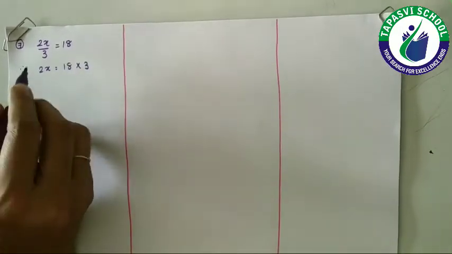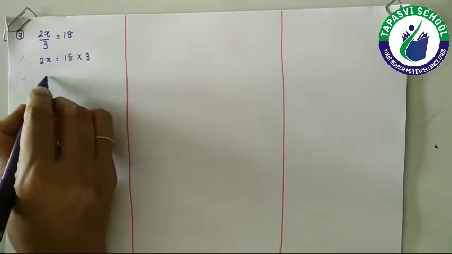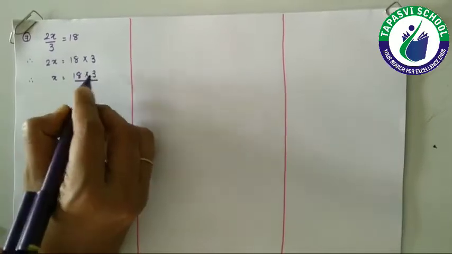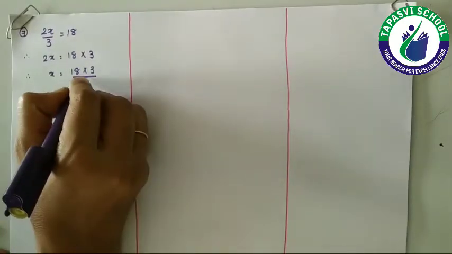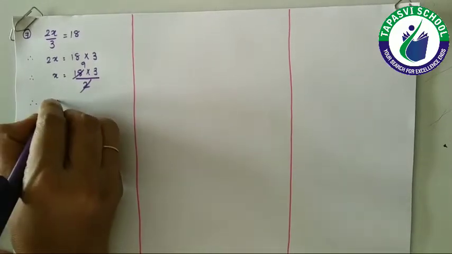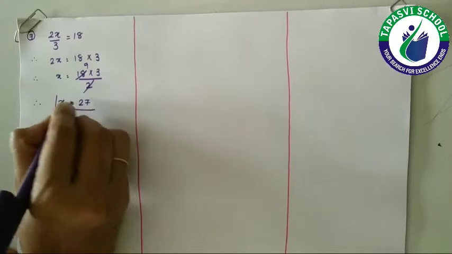And same here, 2 is in the relation of multiplication, and if this changes the sign, it will come in the relation of division. Now 2 9s are 18. And here x is equals to 9 3s are 27.